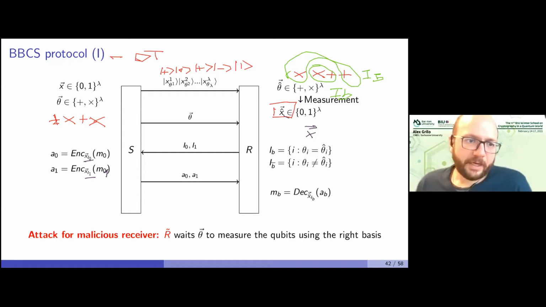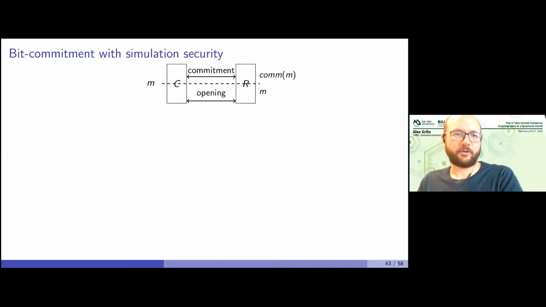As I said, we need to patch this protocol to prevent this attack, and we do it using some crypto. The crypto that we need is bit commitment.